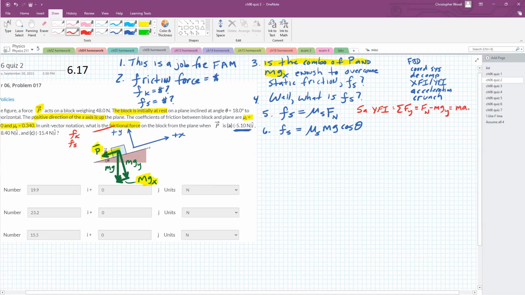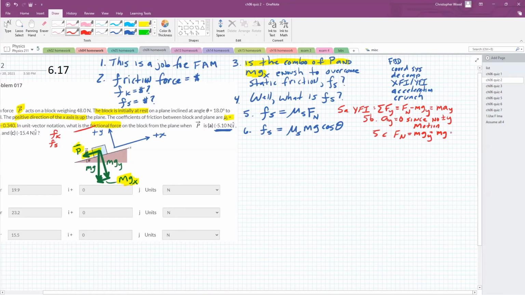My acceleration statement is a sub y equals 0, since the box doesn't leave the ramp, since there is no plus or minus y motion. So then 5c: F sub N equals mgy, which is mg cos theta. I've done this a lot of times, and I was tempted to skip it, but that seems a little bit cavalier. So there's 5a, b, and c, 6, got it.